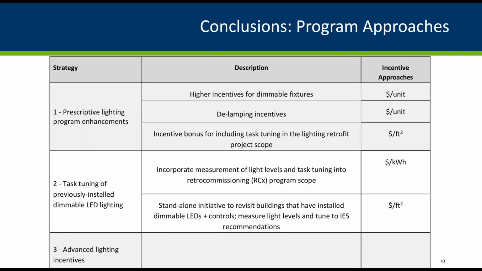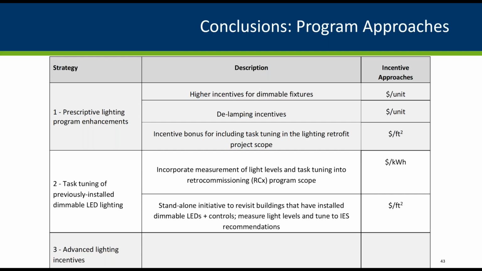Transitioning now to our second strategy. This study demonstrates that there is energy savings opportunity from implementing task tuning in facilities that already have installed dimmable LED lighting and the necessary controls.